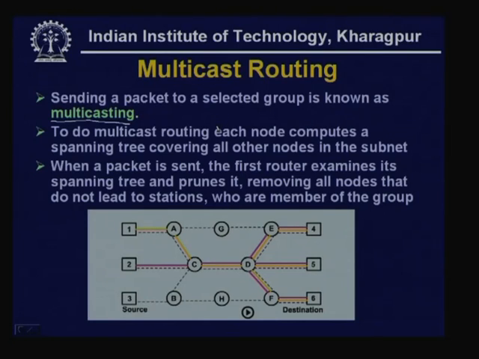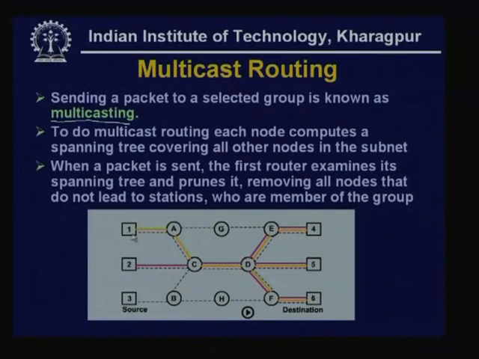One very special situation of multicast routing is broadcasting. Suppose a particular node has to broadcast some information to all other nodes. For that, the obvious candidate is flooding. So, flooding can be used whenever broadcasting has to be done to all the nodes.